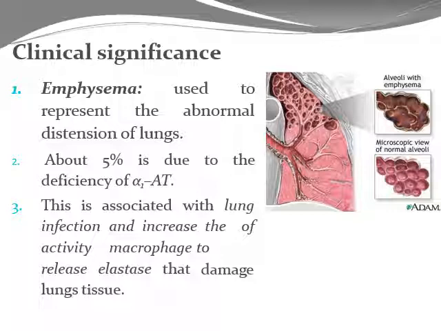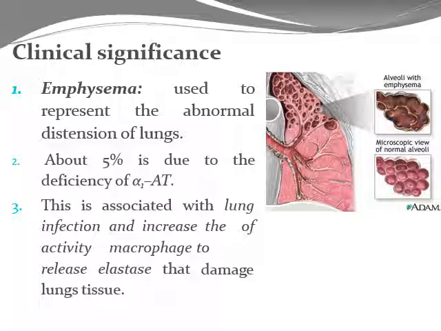When we have a very low level of alpha 1 antitrypsin, this may cause distension of the lung and can cause collapse of the alveoli basically. So alpha 1 antitrypsin is very important to maintain the lung structure specifically because it prevents the expansion of the lungs to an extent where the lungs can collapse.